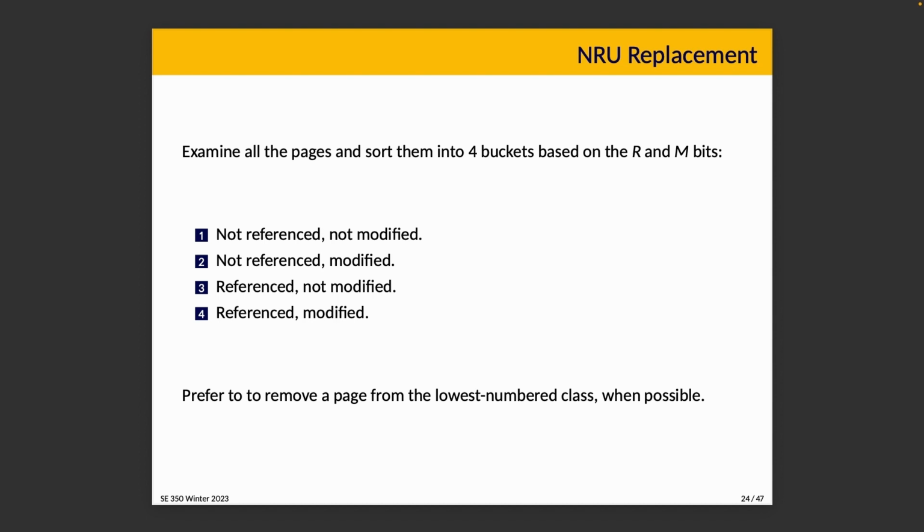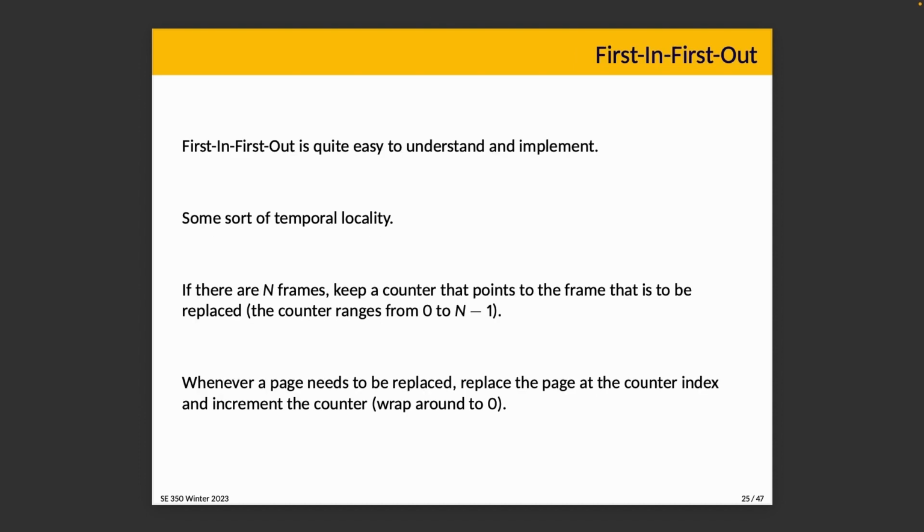If we can find nothing in either of those categories, then we'll go to ones that have been used recently, and we'll, again, prefer one that hasn't been modified since we can skip writing it out to main memory. Does this work? Well, yeah, the not recently used algorithm is fairly easy to understand, and it may provide adequate performance. We'll take it. But maybe we can do better.